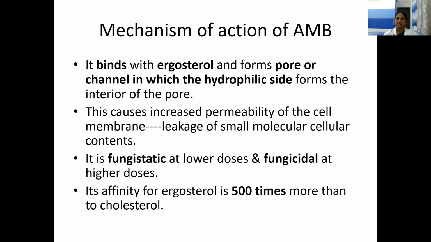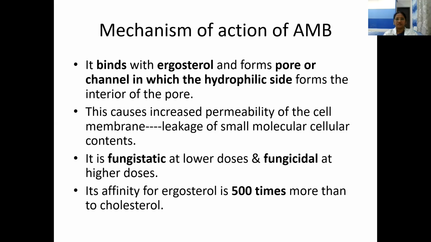Because of this, there will be leakage of small molecular cellular contents like amino acids and others. It is fungistatic at lower doses and fungicidal at higher doses. That is, it can inhibit the growth of the fungus at lower doses, whereas it can kill the fungal cell at higher doses.